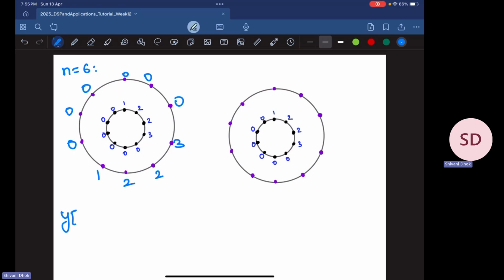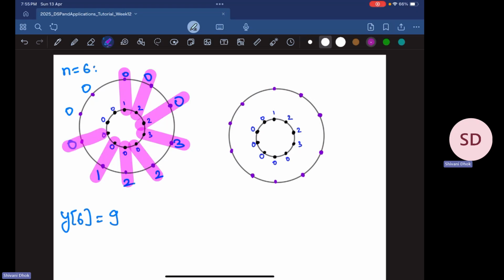So this is y of 6, which is equal to 0 into 1, 0, 0 into 2, 0, 2 into 0, 3 into 0, 0, 3 into 3, 9, plus 2 into 0, 0, 2 into 0, 0, 1 into 0, 0, and the rest are 0.